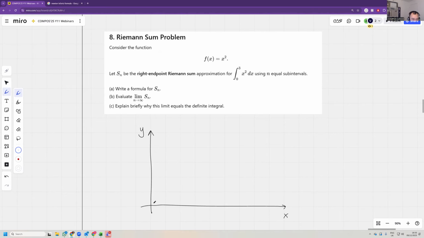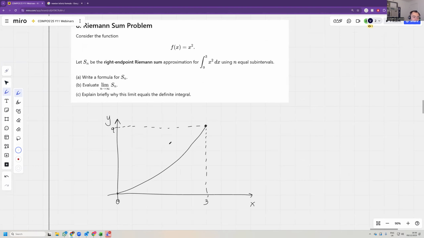On x, y axes, y equals x squared, and it looks something like this from 0 to 3, which is 9 here, of course. We want to find the area under this line. Area, question mark. We already know that the area is this integral. We've learned this. We haven't explained why, but okay.